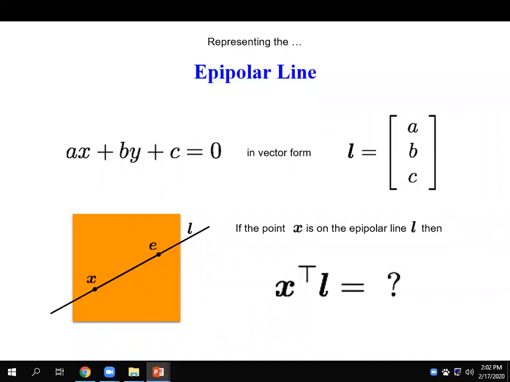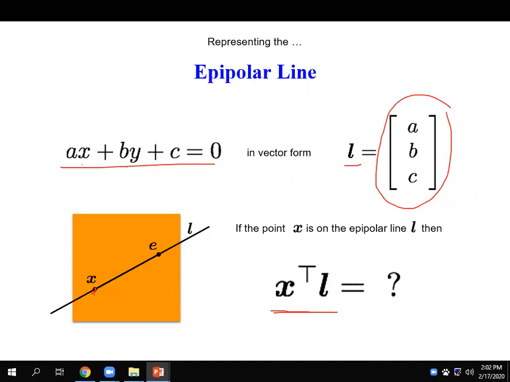Geometrically speaking, if I have a line L with this equation, how can I write this in vector form? This is A multiplied by X plus B multiplied by Y plus C is equal to 0. So this means that I can write L as a vector of A, B and C like that, correct? If I'm asking you, if you have a point X which lies on an epipolar line L, what will be the result of X transpose L?